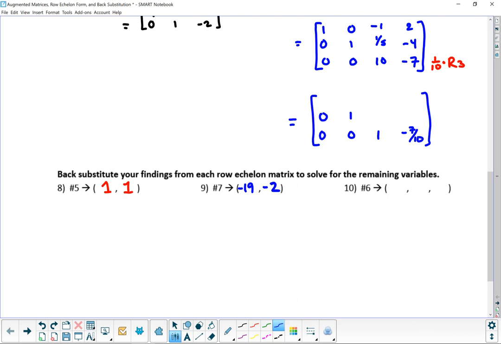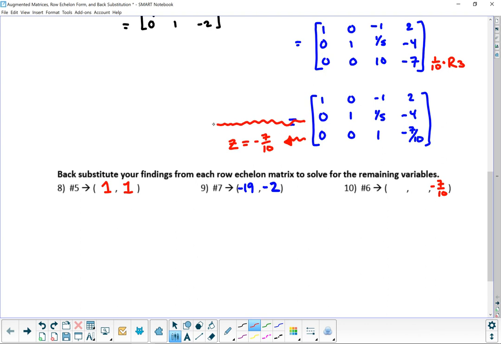Okay, we got 0, row 2, and row 1. So now we know that this answer is going to be z equals negative 7 out of 10.